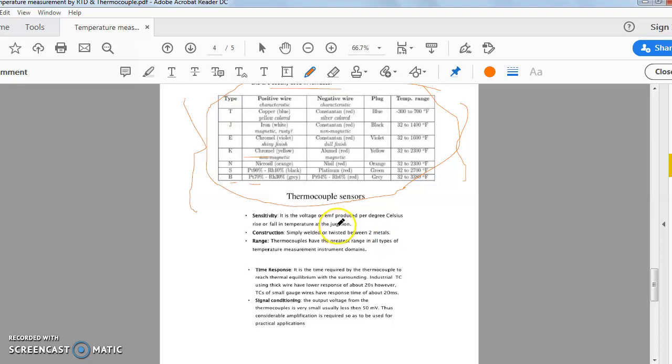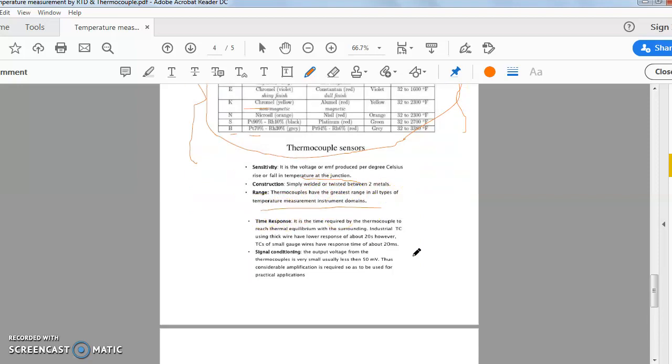Now the sensitivity: it is the voltage or EMF produced per degree centigrade rise or fall in temperature at the junction. Its construction should be simply welded or twisted between two metals. Range: thermocouples have the greater range in the temperature measurement instrument domain. Now time response: it is the time required by the thermocouple to reach thermal equilibrium with the surroundings.